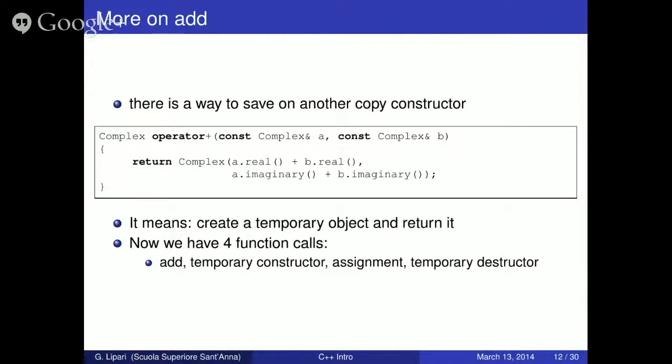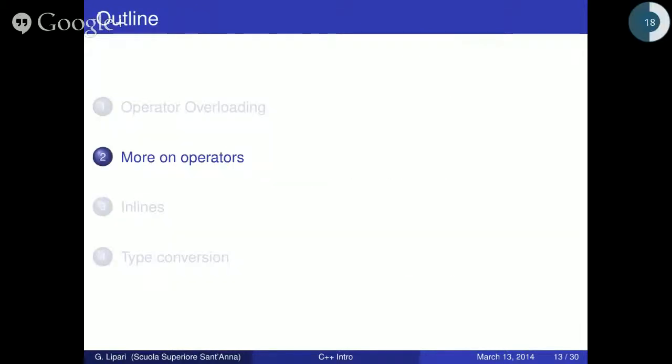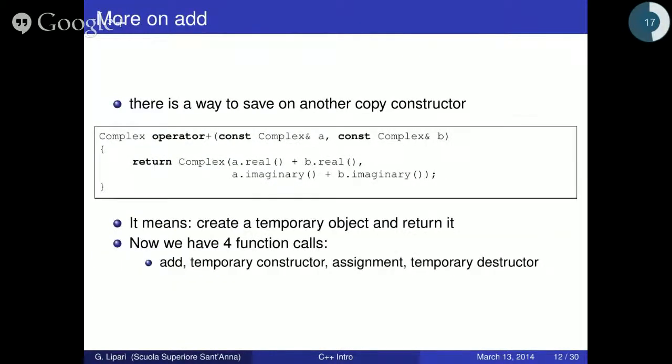If it is going to be assigned immediately, maybe the temporary is not really necessary, and we could do some kind of optimization. However, if this complex is going to be used in a large expression, then a temporary is necessary because the new object may have to be passed to another function call. So we cannot know how to do that.